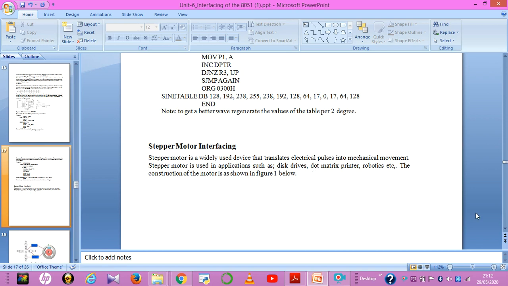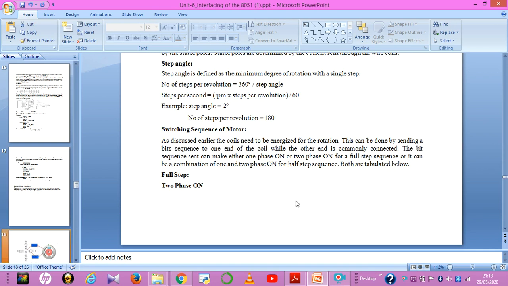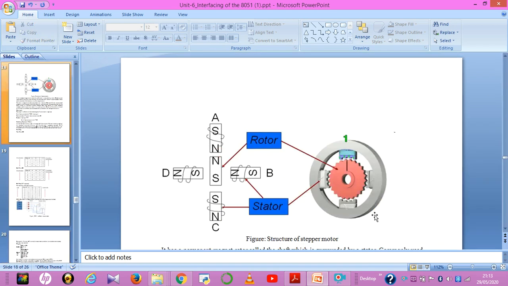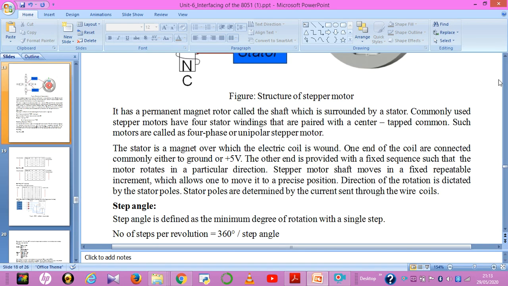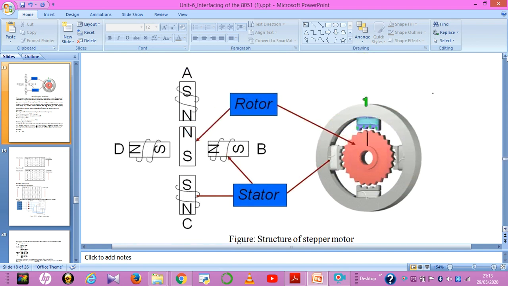Now we will see how the stepper motor is constructed. This is the way it is constructed. See the structure of the stepper motor. It has one rotor and one stator. Here is how the magnet is connected in the stepper motor.